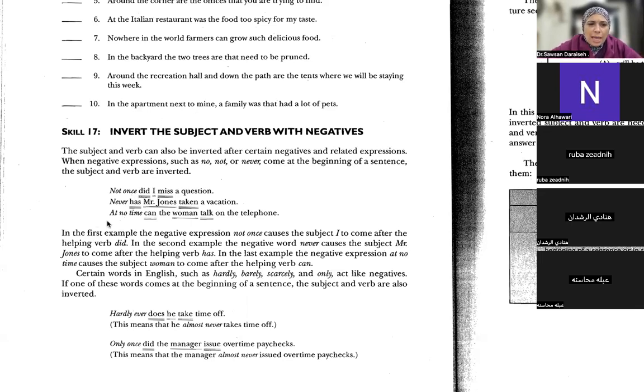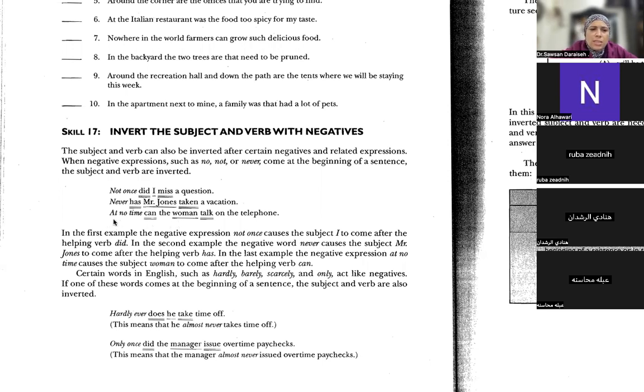So let's take a look at this third sentence, الجملة الثالثة. At no time, يعني ولا بأي وقت. That's what it means, at no time. Can the woman talk on the phone? At no, maybe she's like a maid. Some people who bring maids from Bangladesh, I don't know what, they don't like the idea of giving the phone to the maid, right? ما بيحبوا فكرة إعطاء التليفون للخادمة, thinking that maybe she won't do her job well, right?